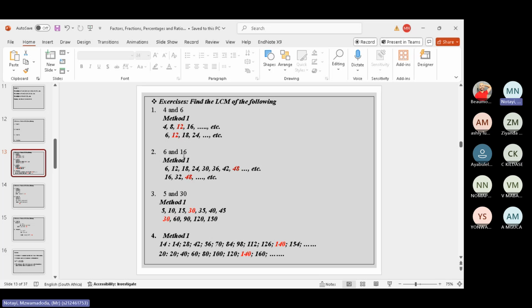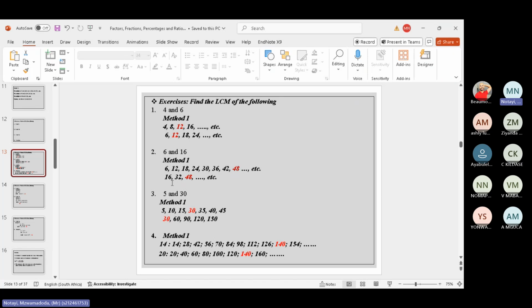Number 2, 6 and 16. 6 times 1, 6, 6 times 2, 12, 6 times 3, 18, 6 times 4, 24, 6 times 5, 30, 6 times 6, 36, 6 times 7, 42, 6 times 8, 48, and so on.